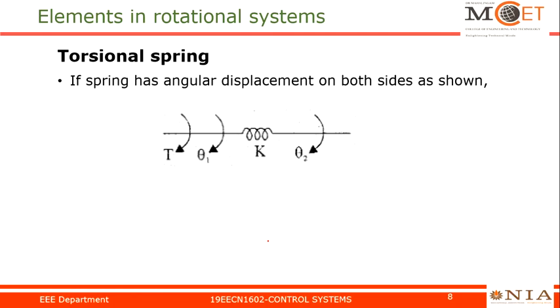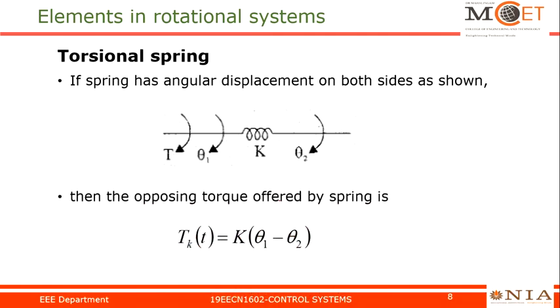Here again there is the possibility of displacement on both sides, that is theta 1 and theta 2. In that case, Tk(t) is equal to K into theta 1 minus theta 2, like x1 minus x2, here it is theta 1 minus theta 2.